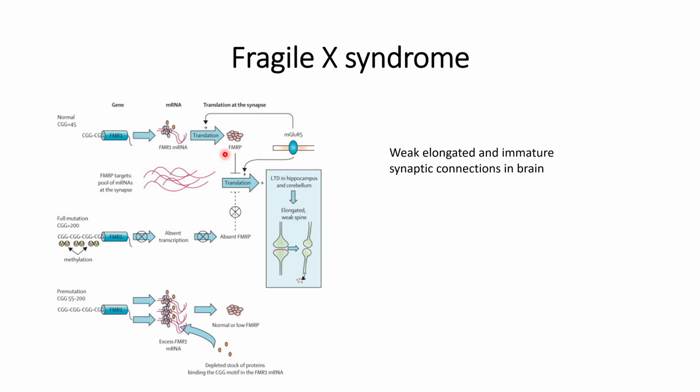After translation, the FMR1 mRNA is converted into FMRP protein, and the function of FMRP protein is to control the overexpression of mGlu-R5, as shown here by this arrow. Because of this, mGlu-R5 will remain within limits, and it will prevent the elongation of the neural network or disruption in the synaptic connection.